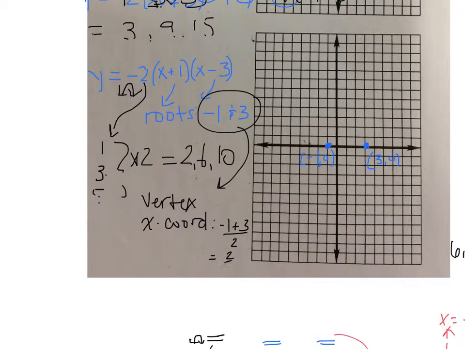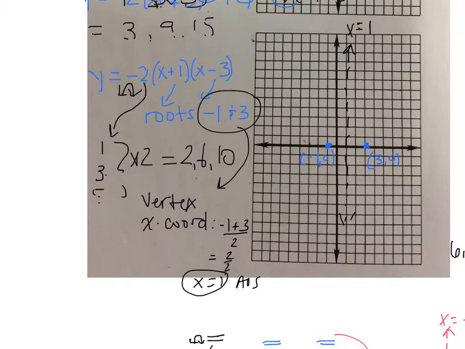So 2 over 2 is 1. That's the axis of symmetry, and it's also the x coordinate of the vertex. We can use that to plot our axis of symmetry right away. So there it is. Its equation is x equals 1. It should be right in the middle of our two roots, and we see that it is.